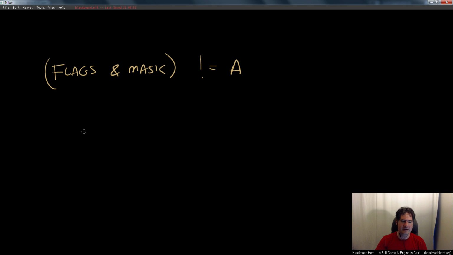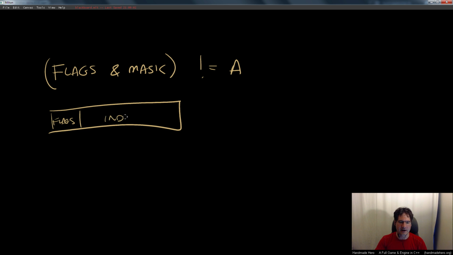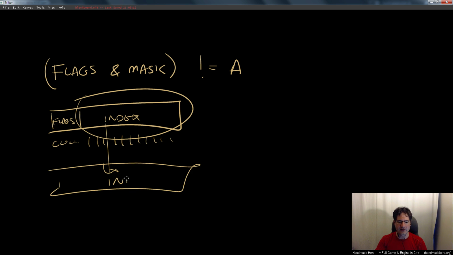Because what this and does is it says, well, all right, what I had was a thing that was partitioned like this. Here are the flags, the actual flags, and here's the index. And so what I wanted to do was I just wanted the index. This mask is 1s all here and 0s all here. So the and leaves me with just the index.